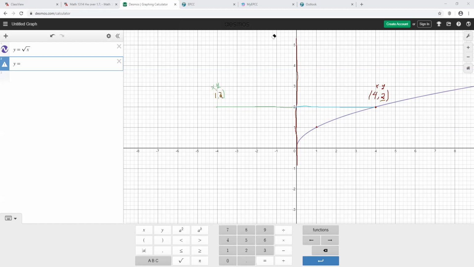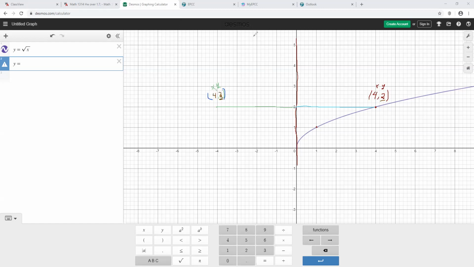Sorry, I'm getting dizzy here pushing all these buttons. So instead of 4, 2, the 2 does not change.